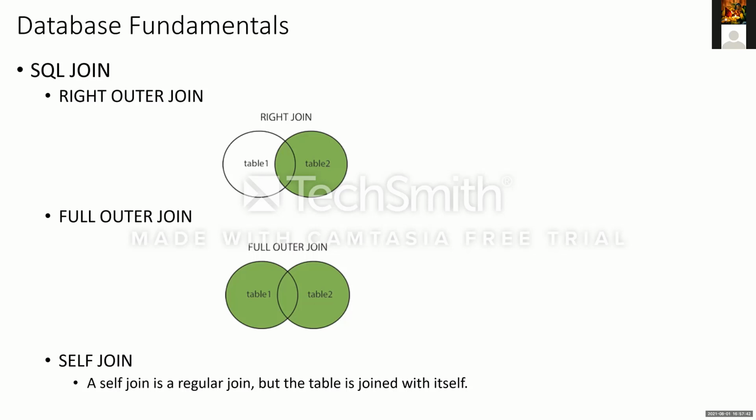Okay, only one table. Yes, there will be two records. It will be like this: select star from record 1, alias A, comma record 1, alias B. Are you aware of the alias concept? Yeah, I do.